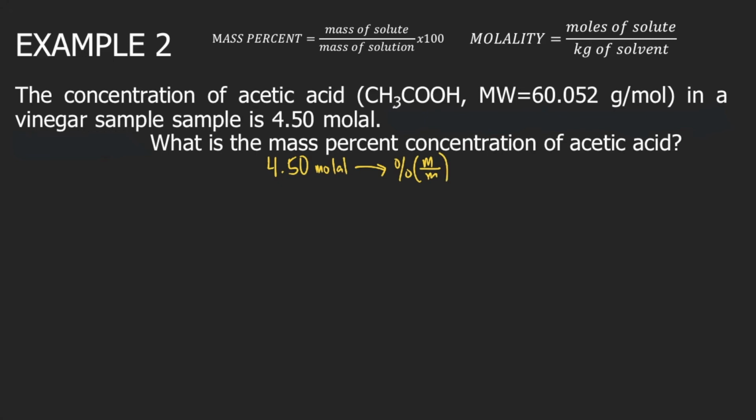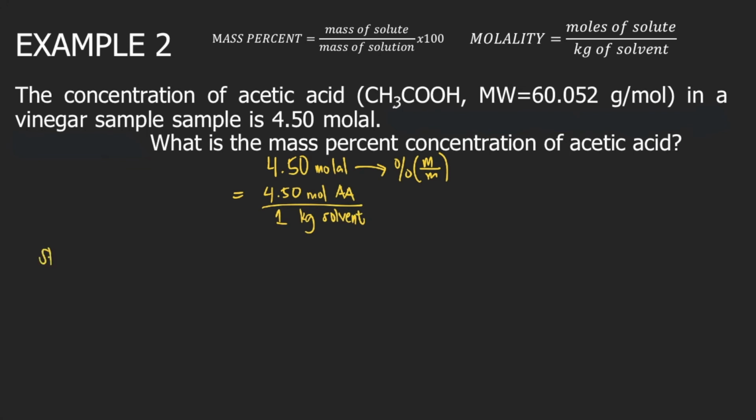As we just learned a while ago, you can express 4.50 molal as 4.50 moles of solute, in this case acetic acid, per 1 kilogram of solvent.